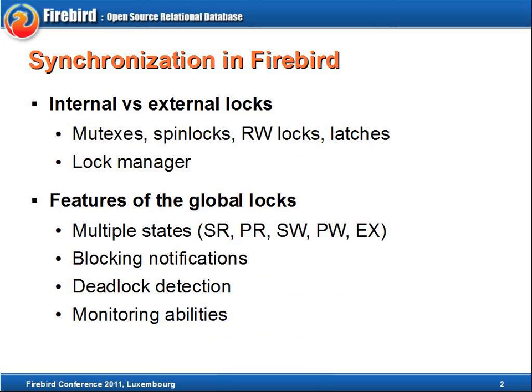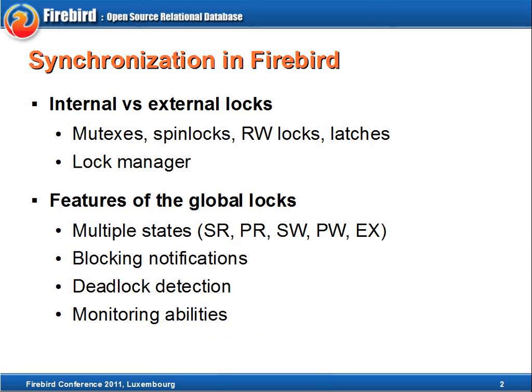Yesterday, in my first presentation, I paid some minutes of attention to synchronization, mostly shared cache synchronization. But actually, Firebird has a lot of shared resources that different connections or different threads must access simultaneously. So, of course, as with every piece of software, Firebird has quite complex synchronization mechanisms.